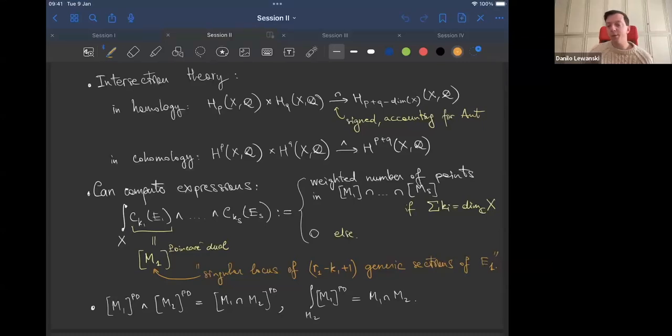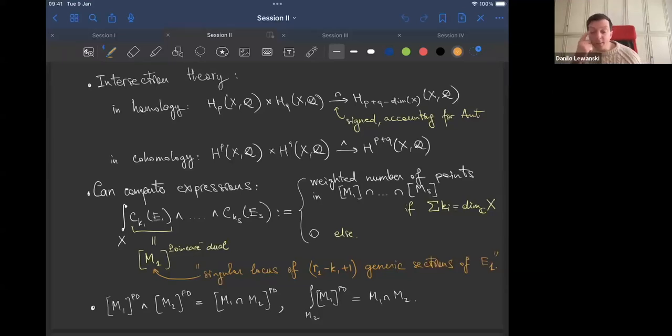And so now you can define this as a weighted number of points in the intersection of the class of M1, the class of M2, up to the class of M_s, where M_i is just the Poincare dual of the k_i Chern class. And weighted number means that you take your points, but on each point you have the action of a finite group, and weighted means that you always divide by the cardinality of that group.